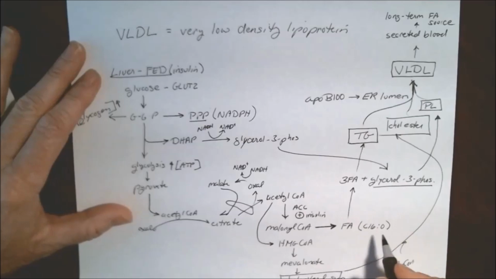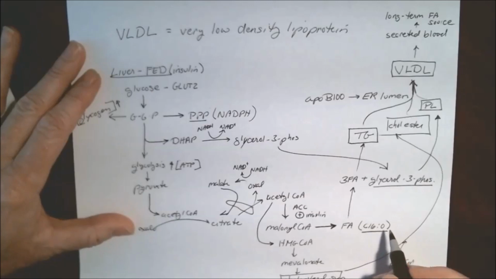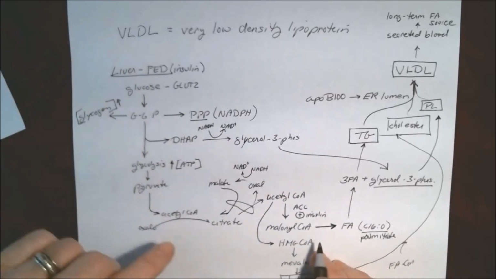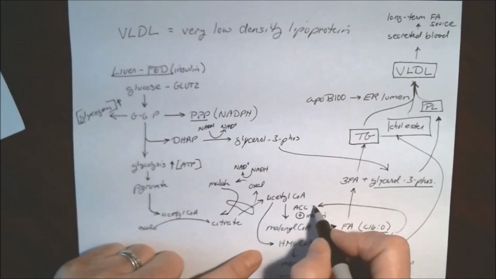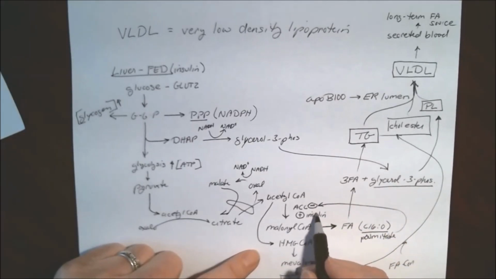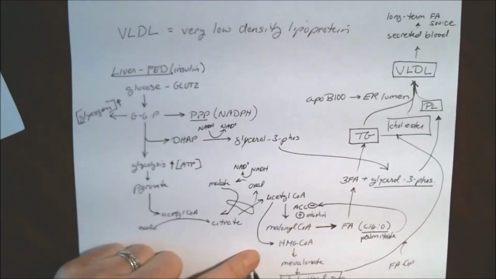And the way we do that is that the fatty acid here, C16, which is palmitate, is going to feed back and inhibit the acetyl-CoA carboxylase enzyme, which is going to slow the conversion of acetyl-CoA to malonyl-CoA. In doing that, we are reducing the concentration of substrate that is required for fatty acid synthesis, which will slow the fatty acid synthesis down.